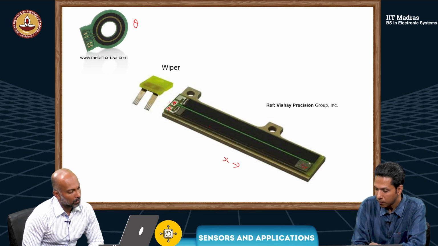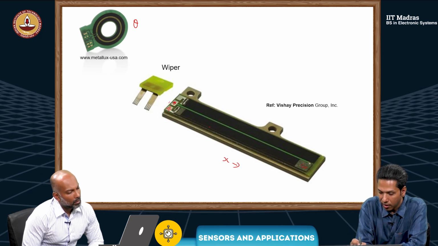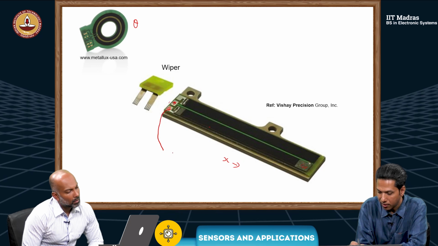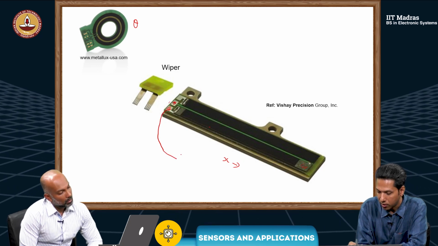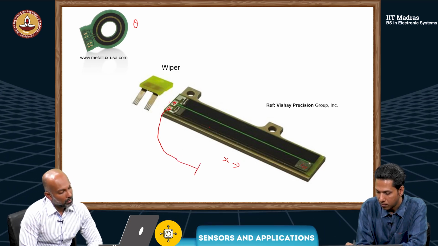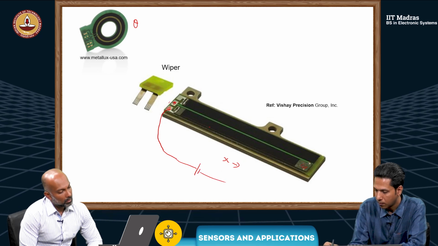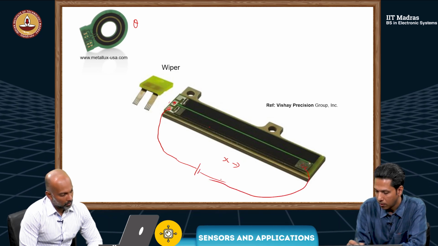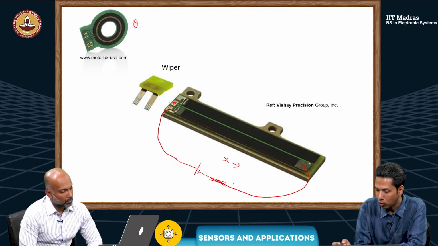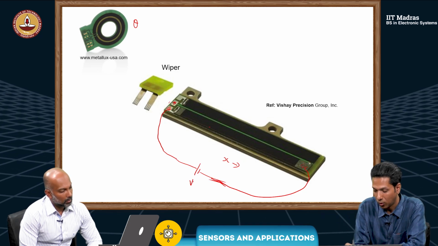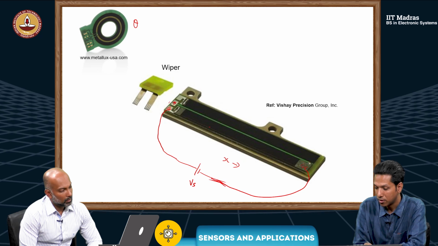Just for convenience, the excitation is given across this. Sorry, whatever 10 volt that we marked yesterday, or Vs, is given across this.